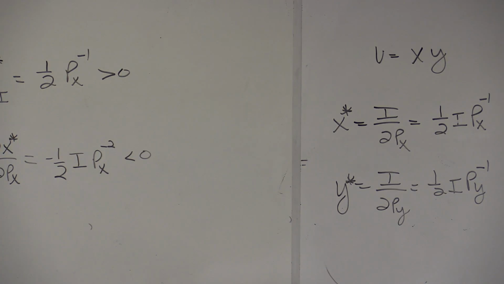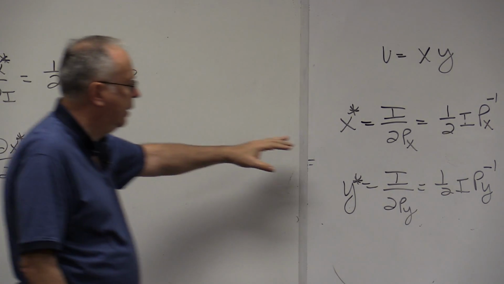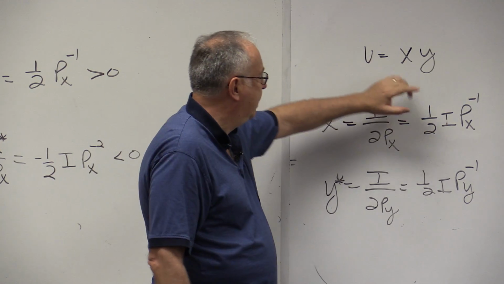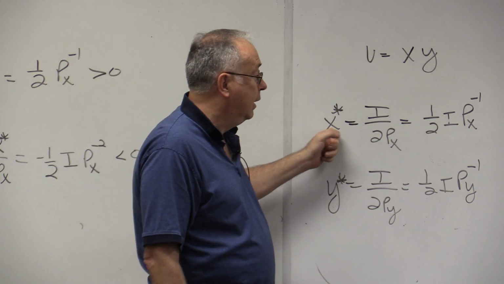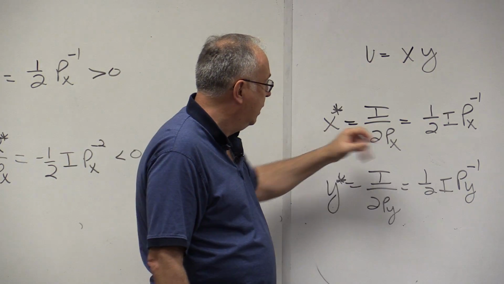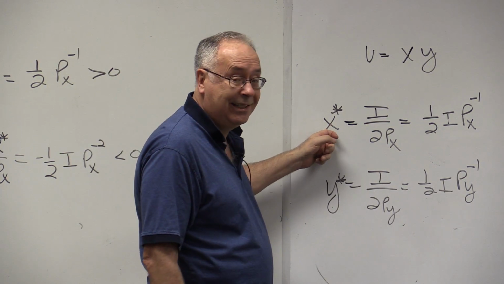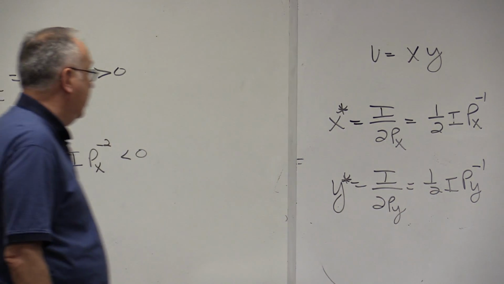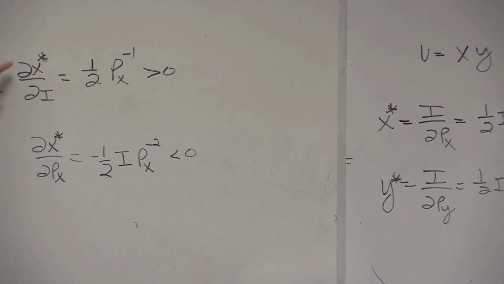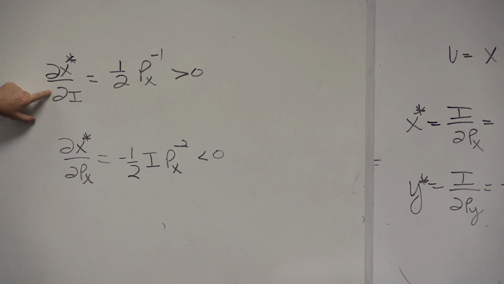So in simple words, as my income goes up, I'm always going to consume more of good x. As the price of good x goes up, I'm always going to consume less of x. Notice these are partial derivatives. So this means as income rises, holding the price constant, that has a positive effect.